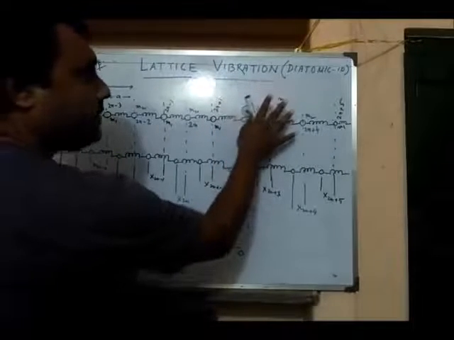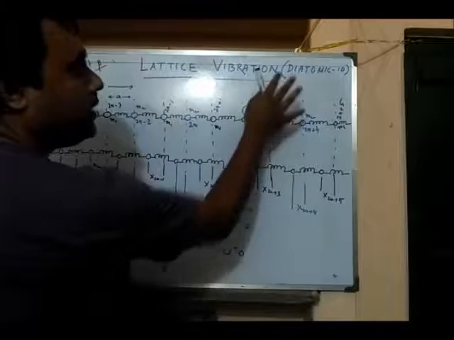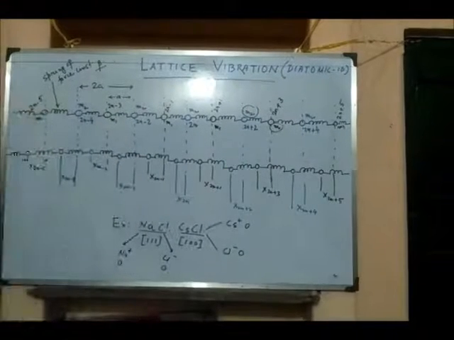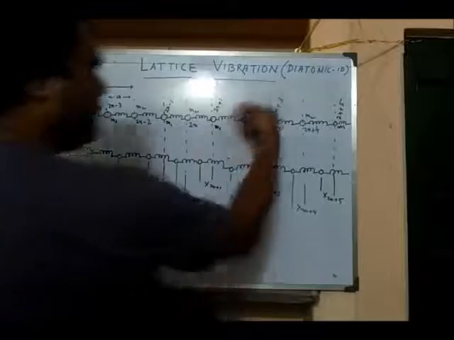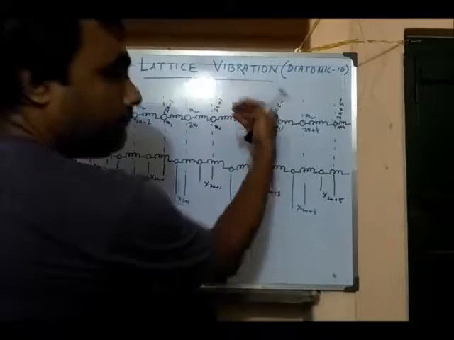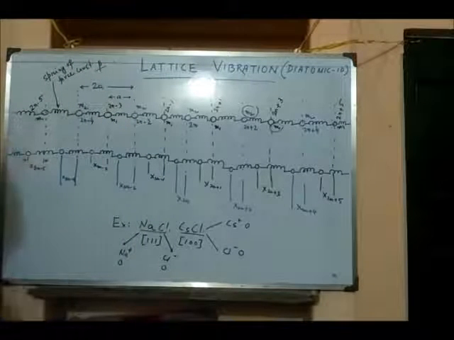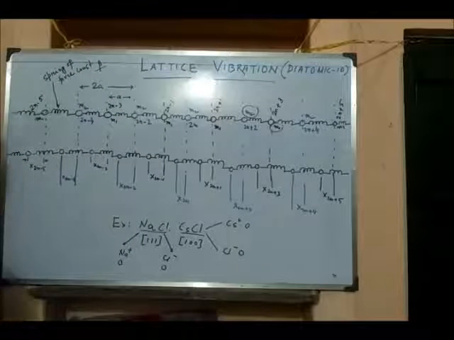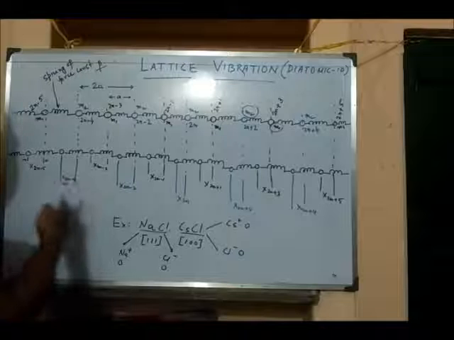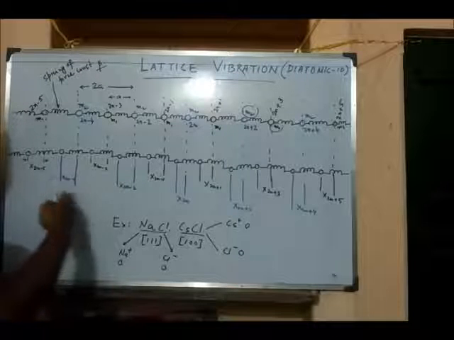This state is basically the frozen state of this one-dimensional diatomic lattice. But when some kind of simple harmonic motion is present in this crystal structure, those mass points shift from their mean equilibrium position.